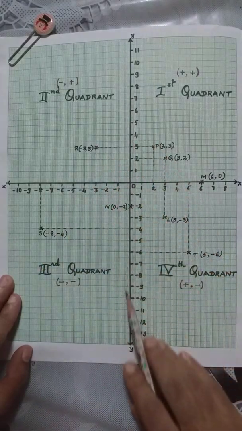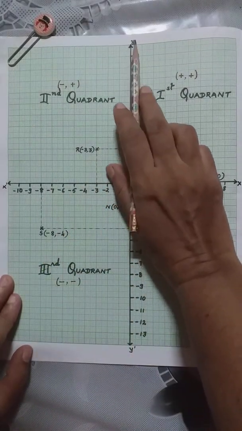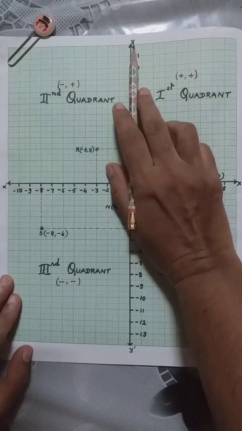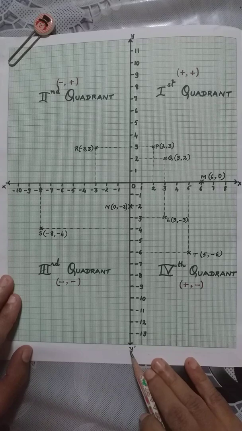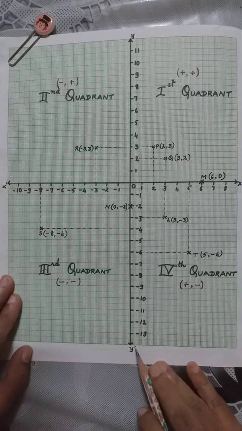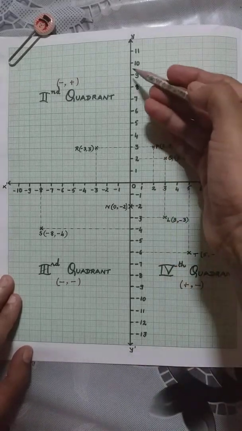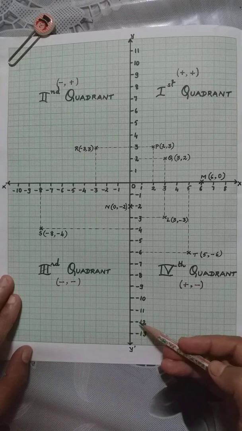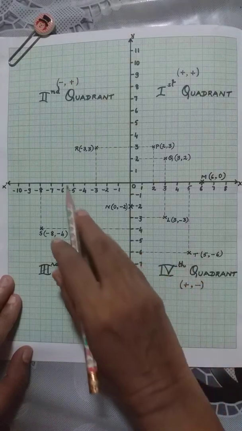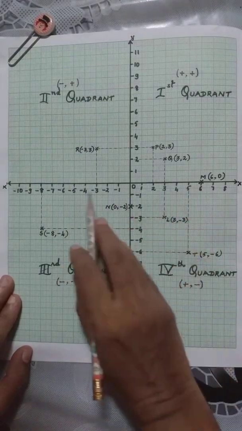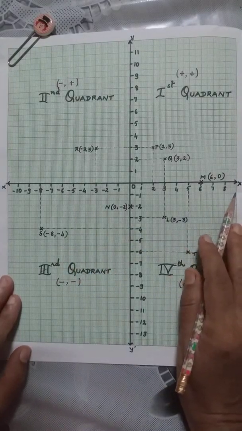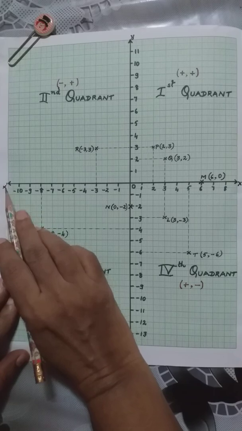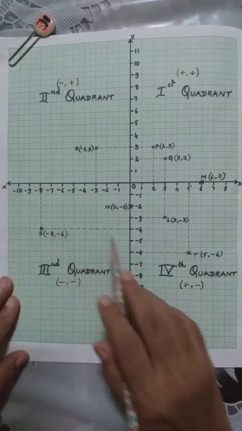The vertical line is called the y-axis. You see here I have written y, and the lower end I have represented as y dash. So the vertical line is the y-axis and the horizontal line is the x-axis. You see here I have written x and the other end is x dash.